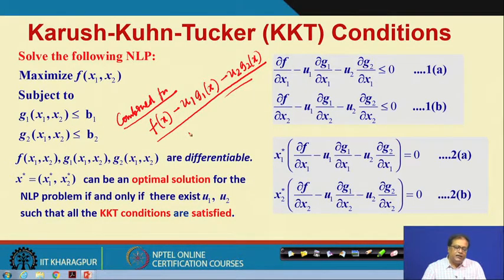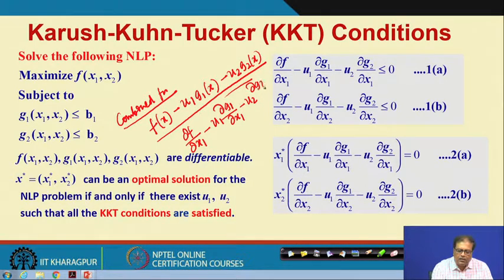So, please differentiate this with respect to x1. What do you get? Del f del x1 minus u1 del g1 del x1 minus u2 del g2 del x1. Precisely that is what is written. Here g1 is nothing but g1(x), g2 is nothing but g2(x).